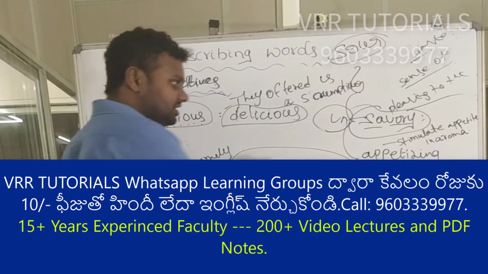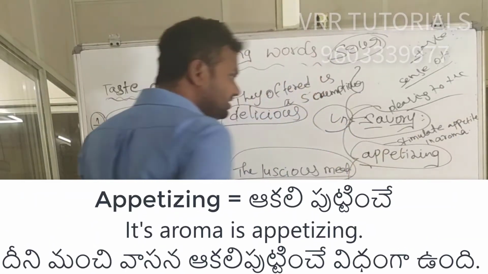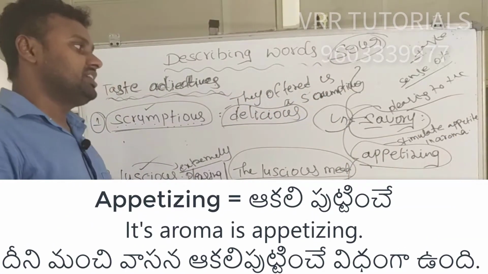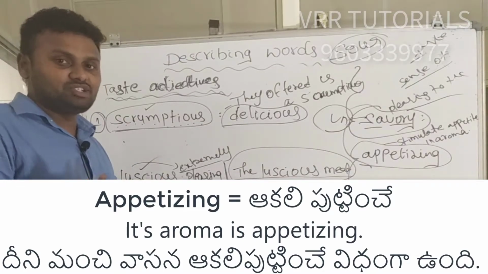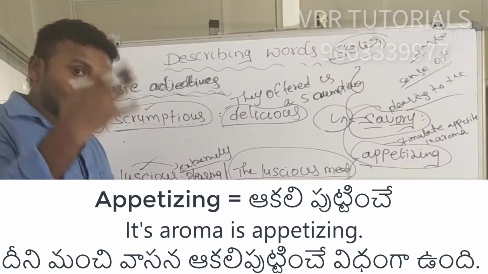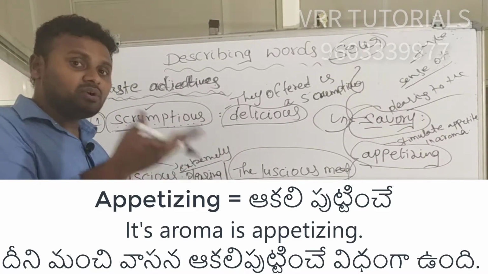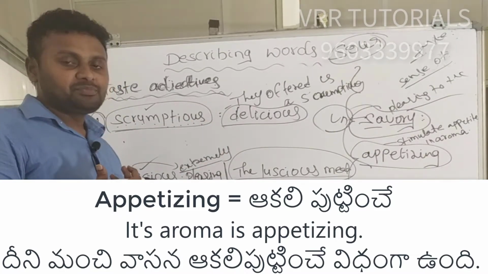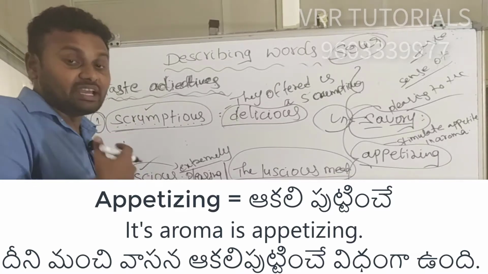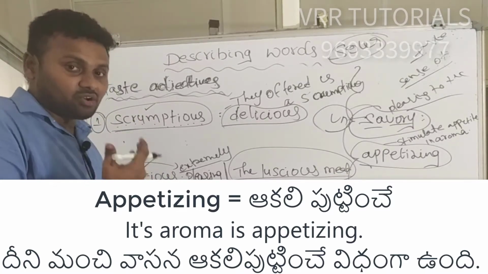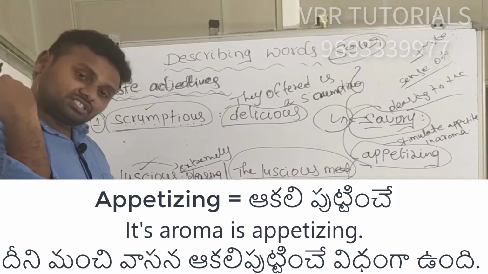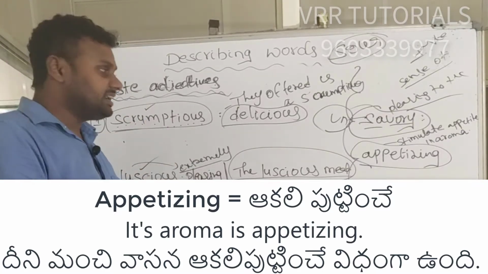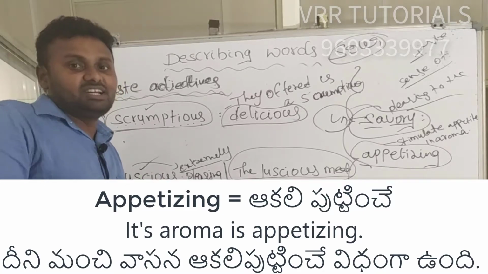Unsavory. Next, appetizing. Appetizing means it stimulates your appetite, when you see that food or when you smell the aroma, the original or good flavor of the food. When you smell or see that, it appetizes you.